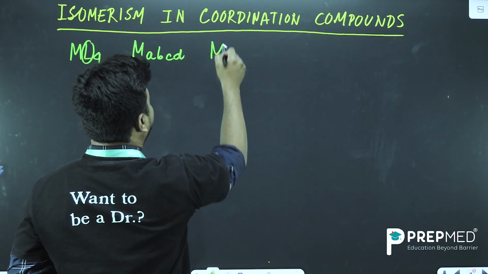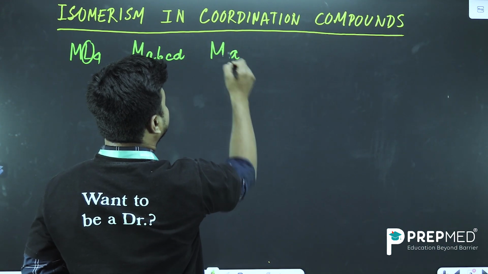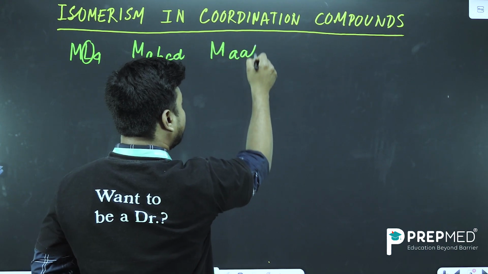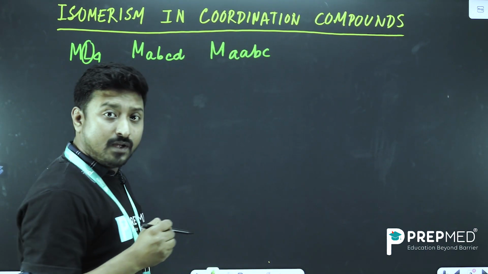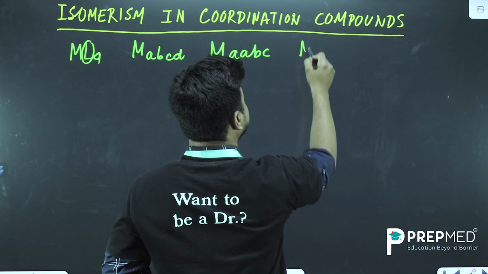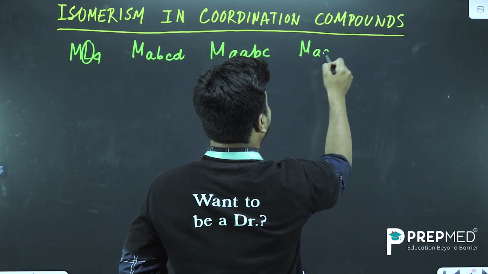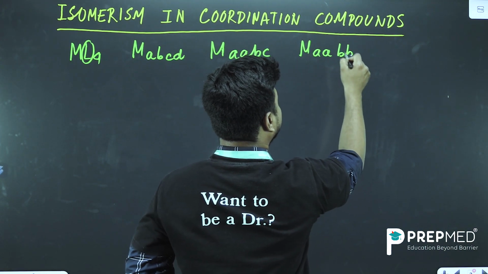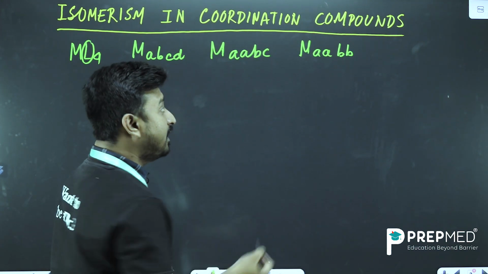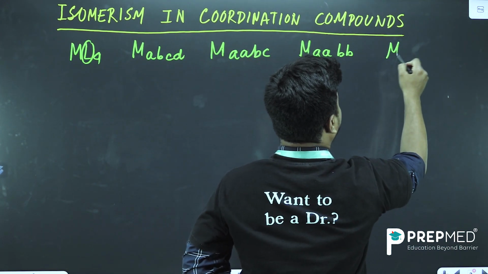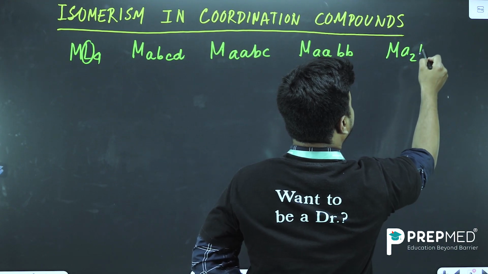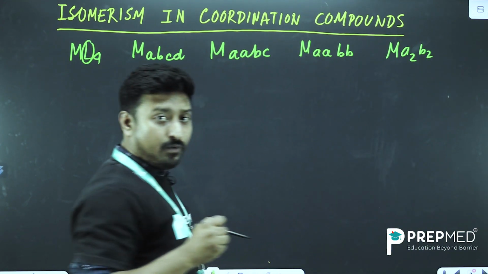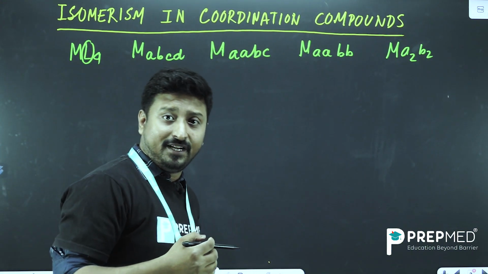It can also be MAABC, this is one possibility. Or another possibility, MAABB. This is one possibility, correct? Or another possibility, MA2B2. This is also one possibility. So there are a lot of possibilities.